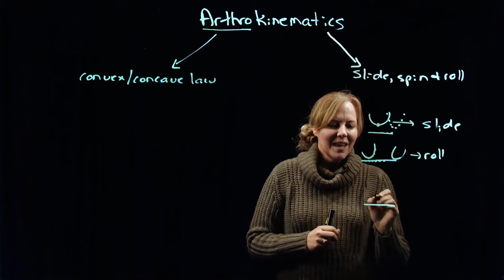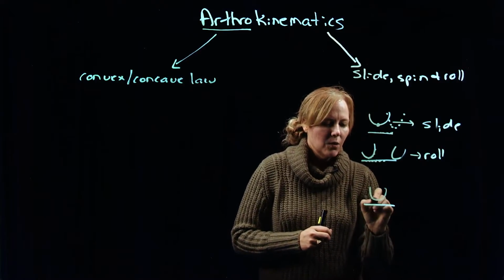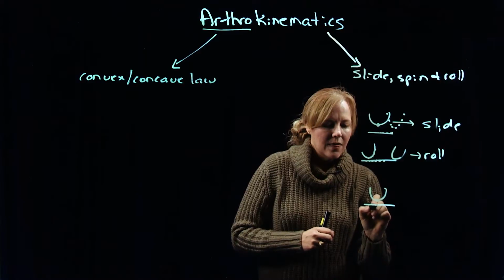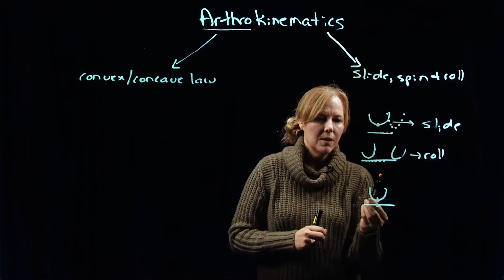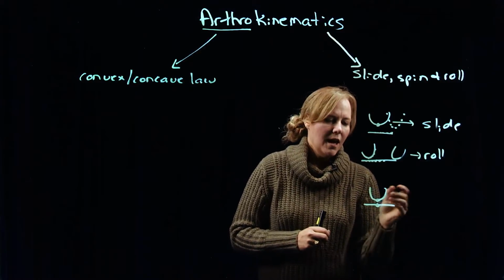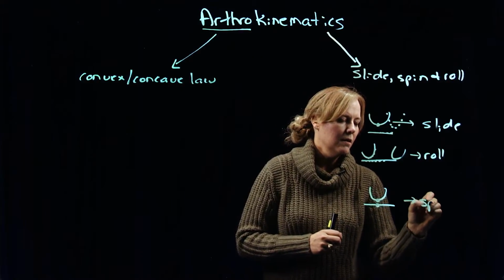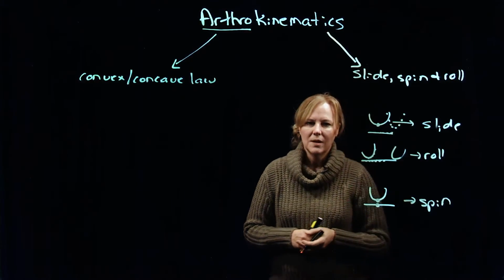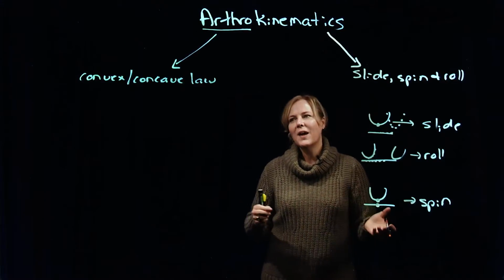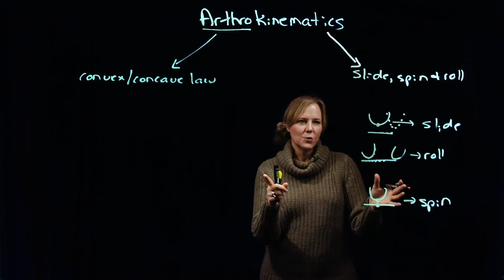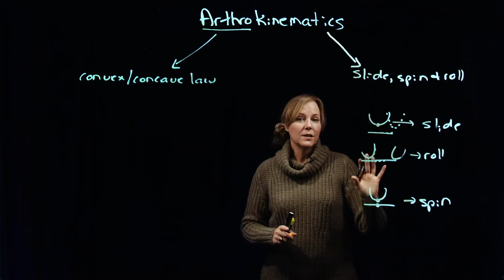So that's roll. And spin is simply where you have this one and this one spinning on each other. So you have one joint surface in contact with one joint surface of this one, and you have a spinning occurring. So when you have movements occurring at a joint, you will either have slide, spin, or roll.